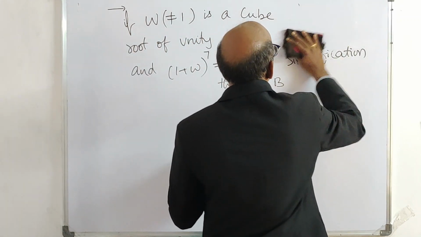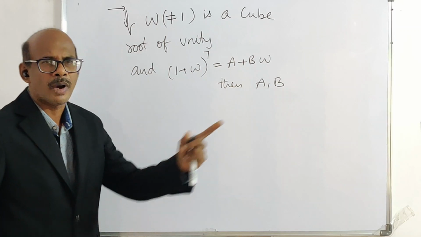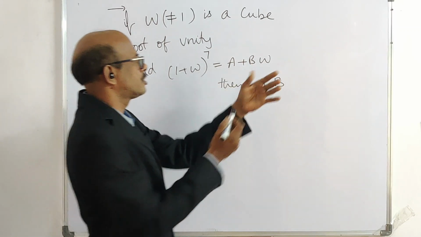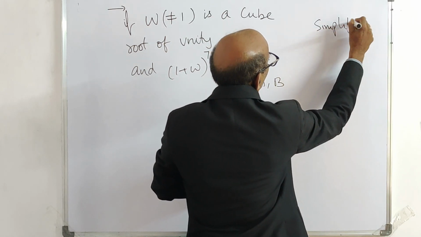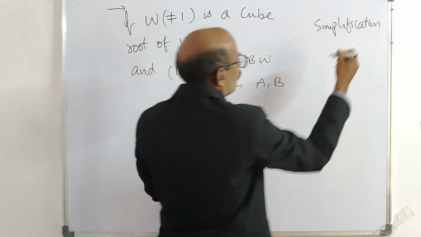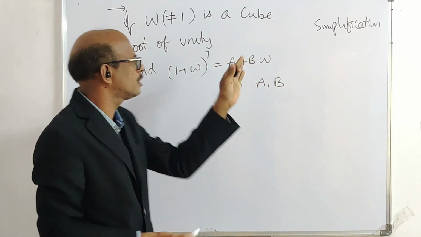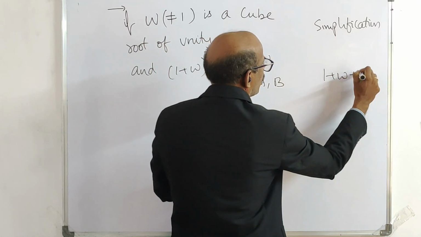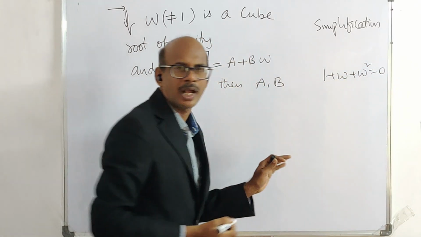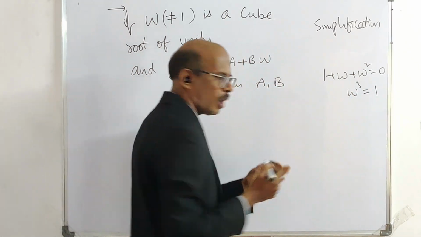Here the omega situation links with the situation only by simplification. The idea here is simplification of the given left and right sides. In your mind, keep 1 plus omega plus omega square as 0 and omega cube as 1.